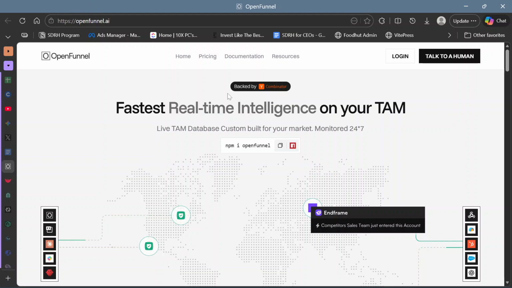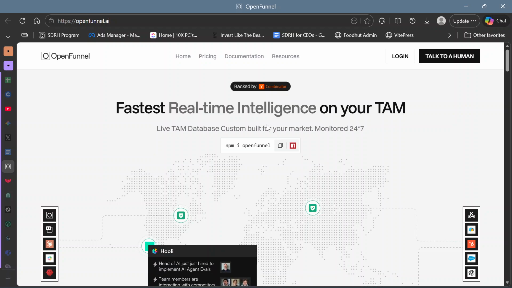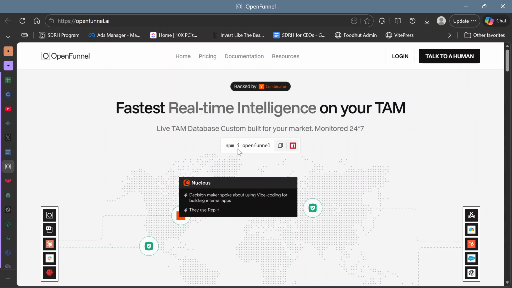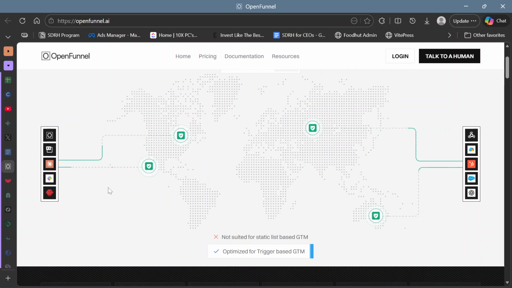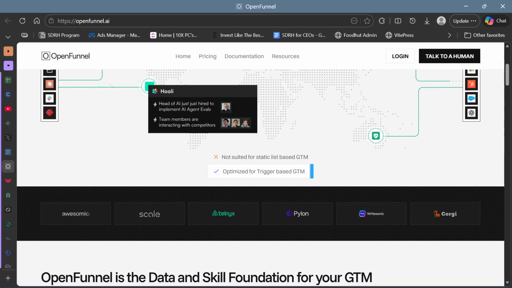First, we can see obviously backed by Y Combinator and their opening statement, fastest real-time intelligence on your TAM. I reckon TAM means total addressable market. Live database custom built for your market, monitored 24/7, and this is an npm command to run it on your command line interface. This is showing us what this does. Optimized for trigger based go to market.